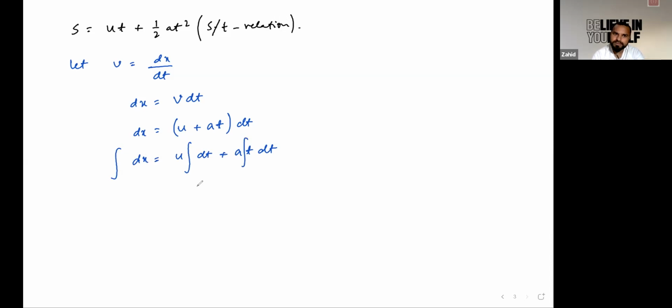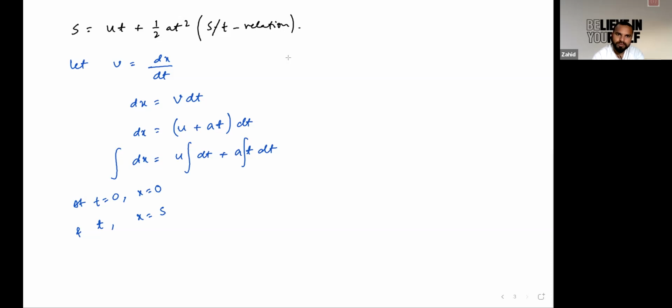And next is to define the limit. Let's say at t is equal to 0, displacement of the body would be 0. And similarly, at some later time t, displacement would be s.